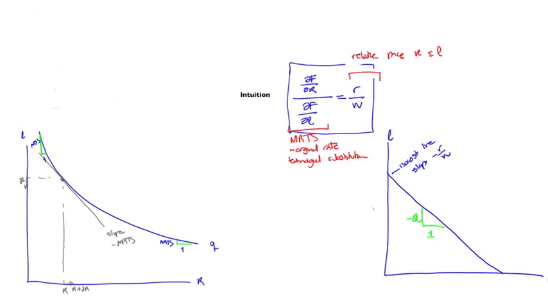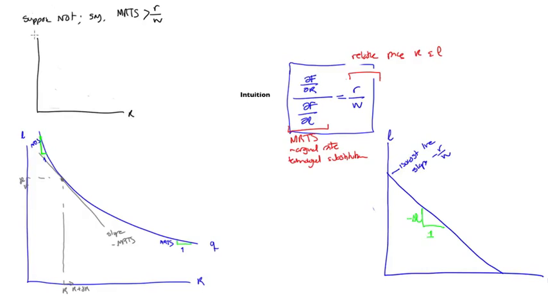Now, given the intuition that we have developed, let's put it together to see why that relationship needs to hold at the cost minimizing combination of inputs. So suppose that it doesn't hold. For example, say that the marginal rate of technological substitution is greater than the relative prices. That's a case that looks like this.